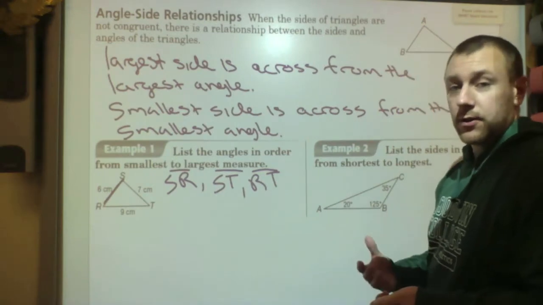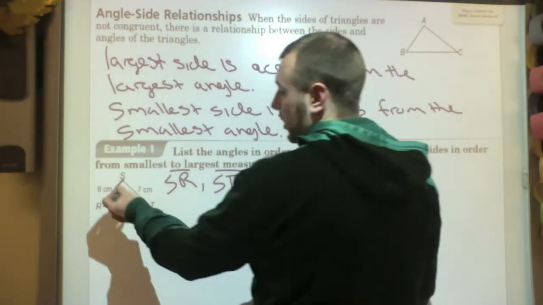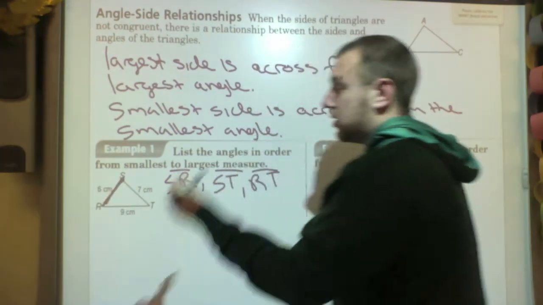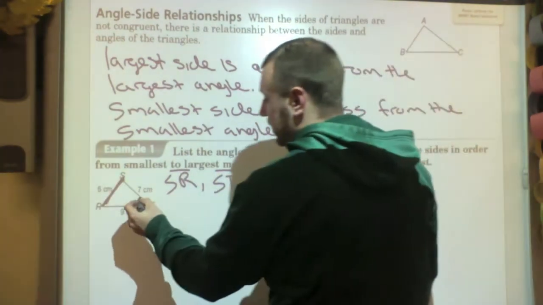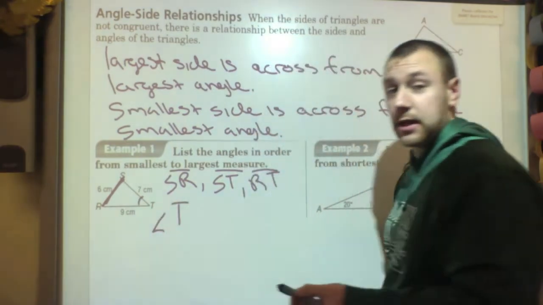Now the angles are the ones across from it. So SR, the angle across from it is T. So angle T is the smallest angle.